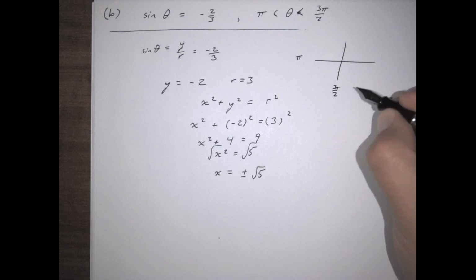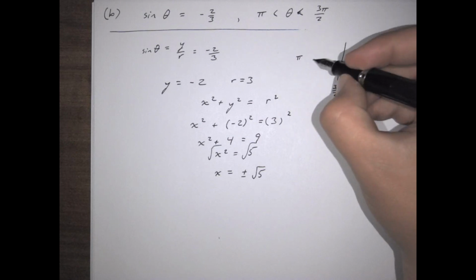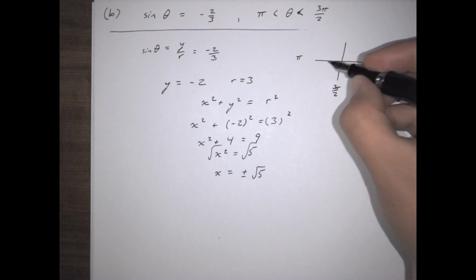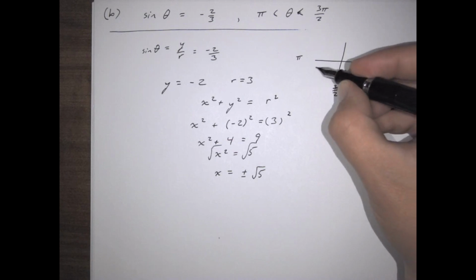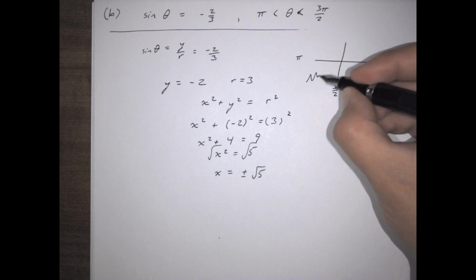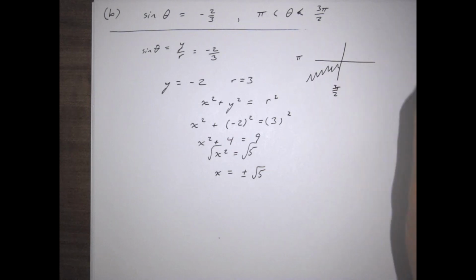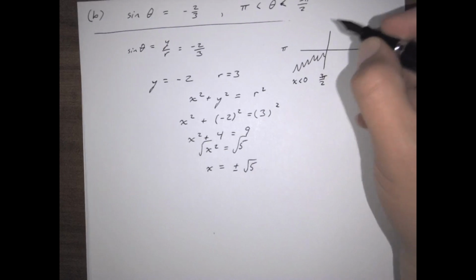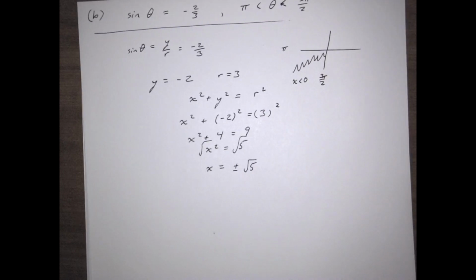Now remember, pi is 180 degrees, and then 3 pi over 2 would be an additional 90 degrees on top of that, so that puts us down there at the South Pole. So we're talking about quadrant 3, which means that x and y are both negative, but relevantly here, we know that x is negative.